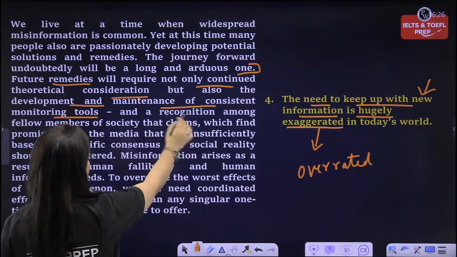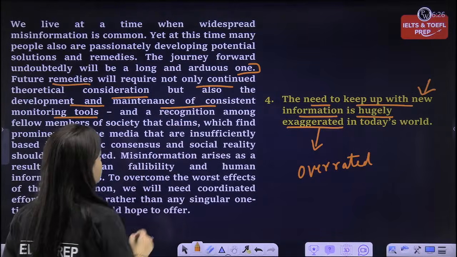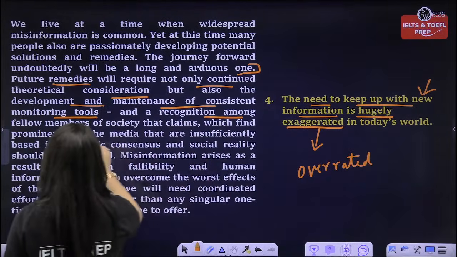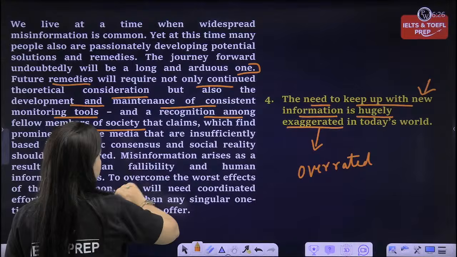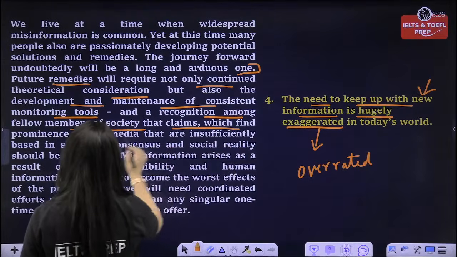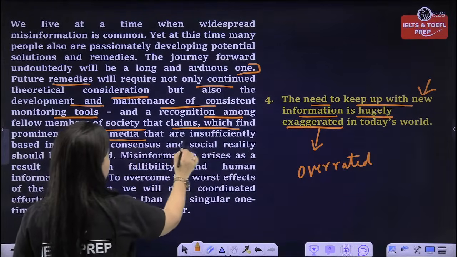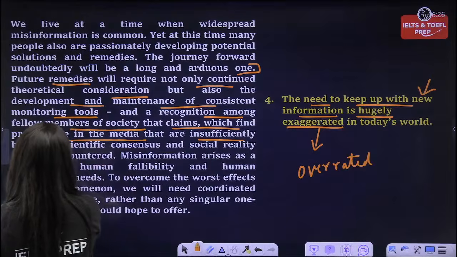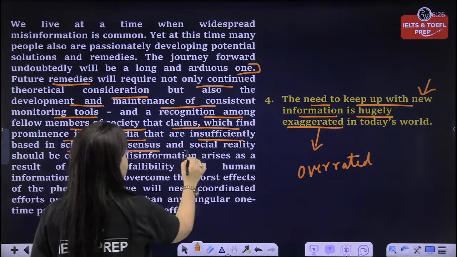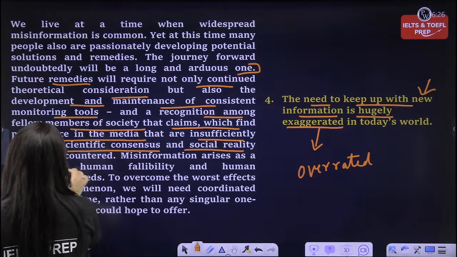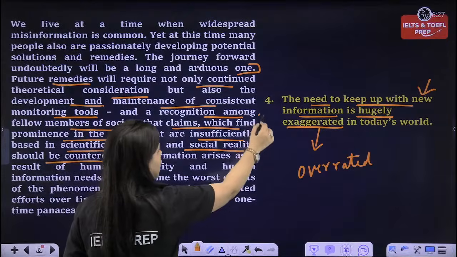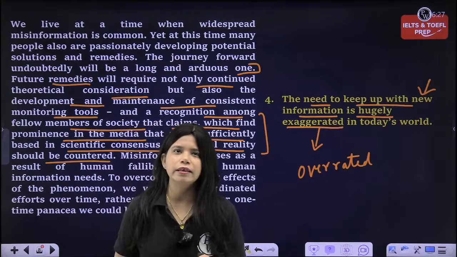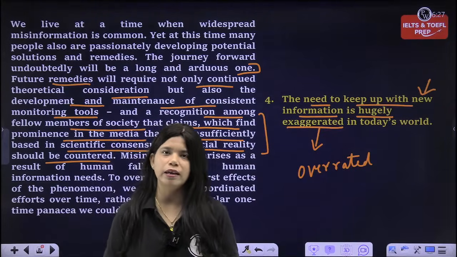So they are saying maintenance of consistent monitoring tools and a recognition among fellow members of society that claims which find prominence in the media that are insufficiently based in scientific consensus and social reality should be countered. I know this is a little lengthy sentence and that is why probably you are finding it difficult.